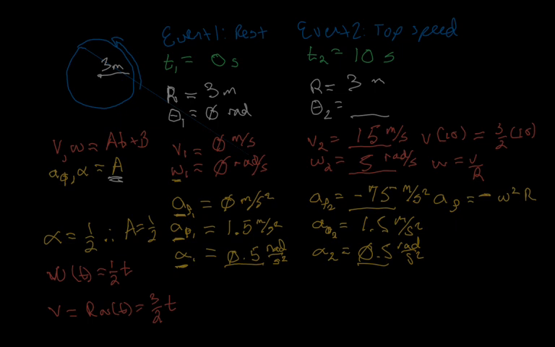That's like 7.5 Gs. You would not be a happy camper at that point if you were experiencing that type of centripetal motion. Like if you were on a carnival ride, it would be like a carnival ride of doom. So avoid it at all costs.